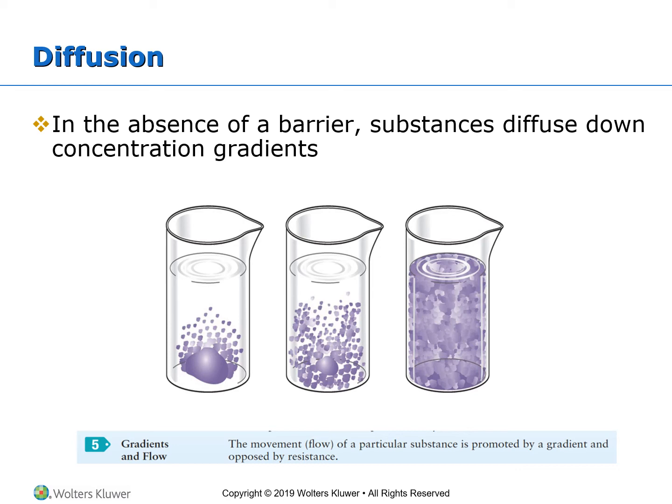As you can see, the movement or the flow of a substance will be promoted by a gradient and opposed by its resistance. If you want to think about it, it's just like the filtration systems that you have in your house, or just like the diffusion that happens in a coffee filter.